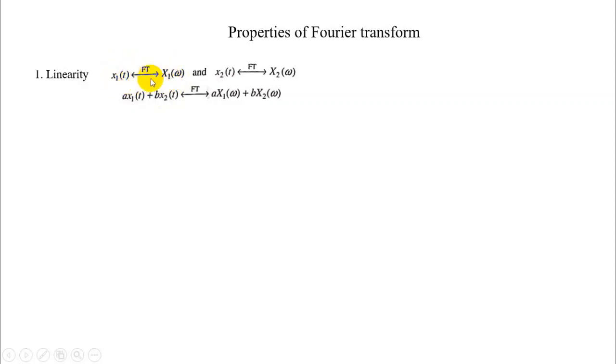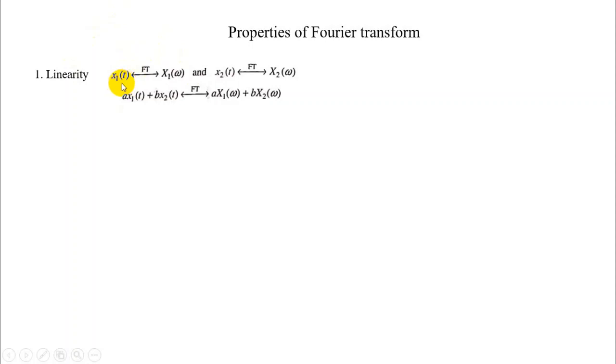Here we can see that this is the time domain function or signal, x1(t), and it can be transformed into X1(omega). So X1(omega) is the Fourier transform of x1(t). This is the time domain function, and this is the frequency domain function.